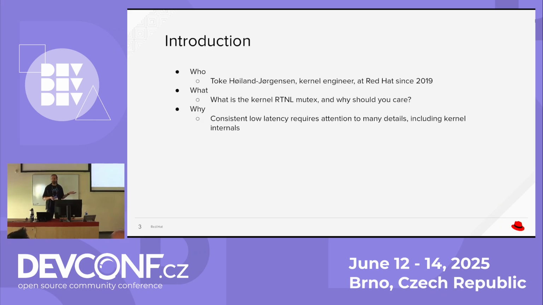So, as I said, I'm a kernel engineer at Red Hat since 2019, and this will tell you what the kernel RTNL mutex is, why you should care about it when you're writing applications. And the reason for this is, as I will tell you, this was an escalation that came out of someone writing an application that required consistent, really low latency, and that requires attention to a lot of details, including kernel internals, as we will see.